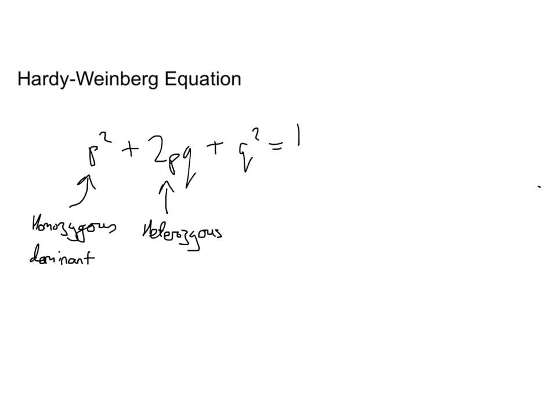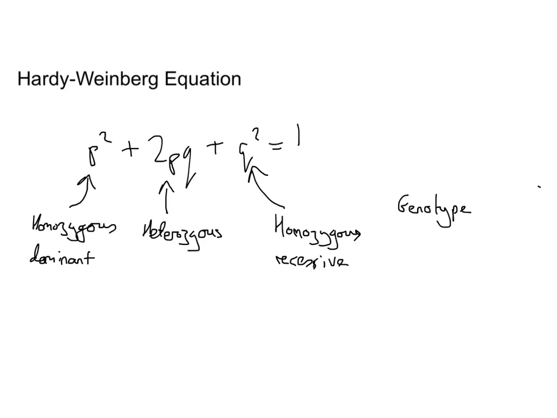And then finally we finish off with the proportion of homozygous recessive individuals. So obviously we're dealing with genotypes here. Okay, so in black we're dealing with genotypes.